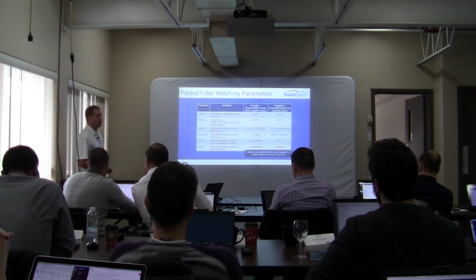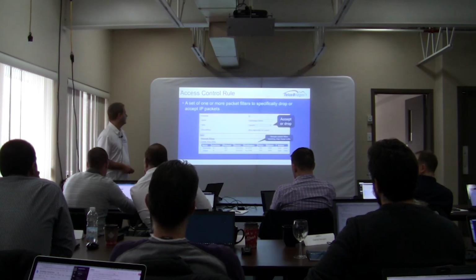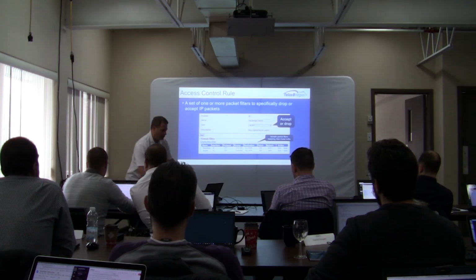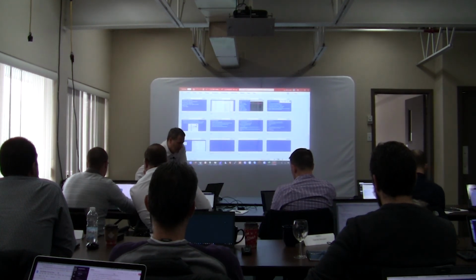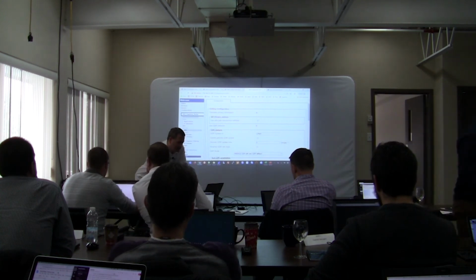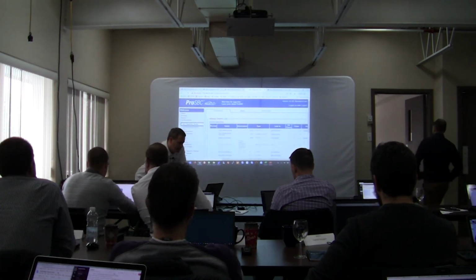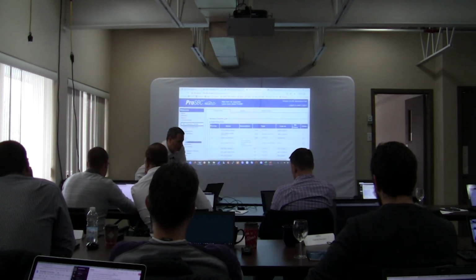Where are the packet filters set? I'm sorry? The last screen, where is that setting? Where do you do this? In the manual SBC, ACL, create new rule, right?